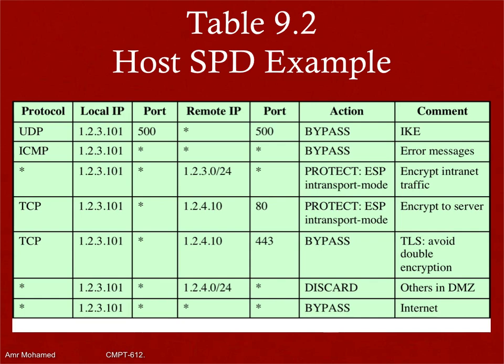So these are some examples for the security policy database. These are some entries in the security policy database. So for example, any traffic that's coming from this local IP address on port 500, and it uses UDP, this in fact indicates that this traffic is IKE traffic.